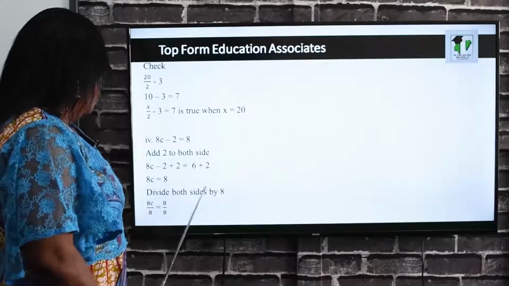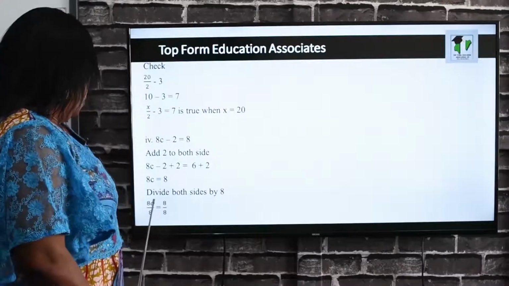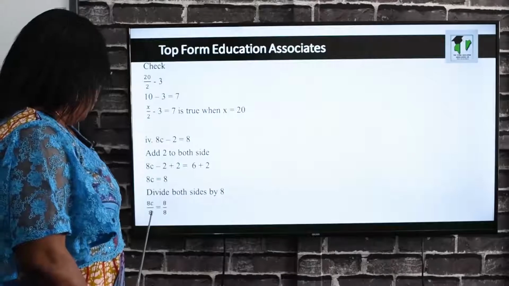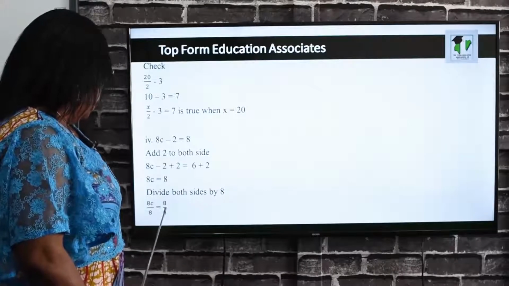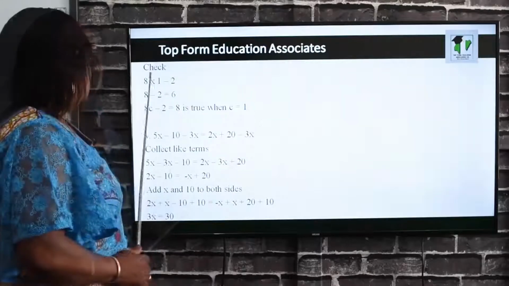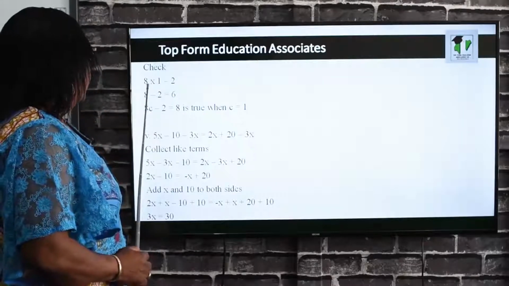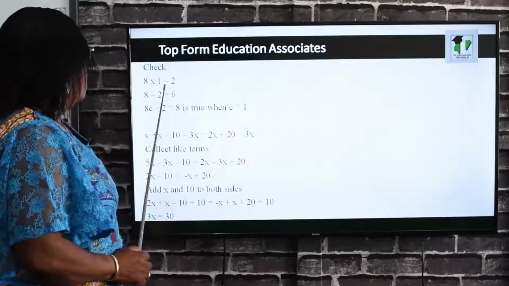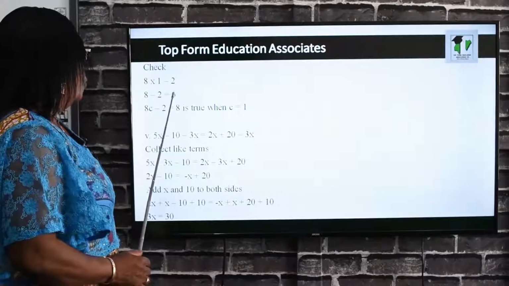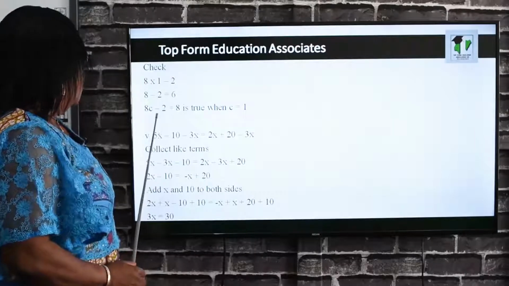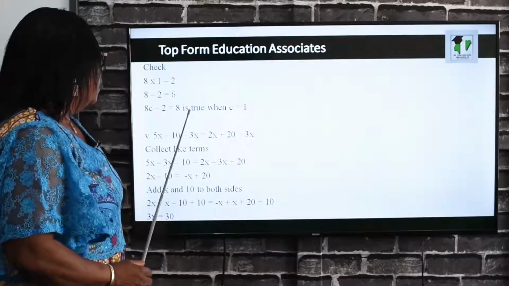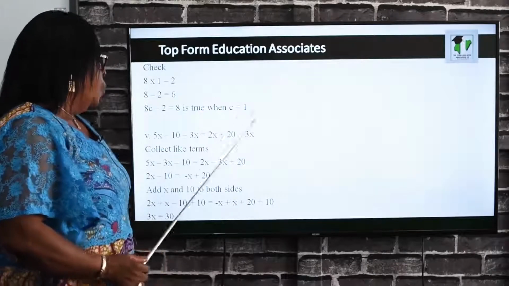We divide both sides by 8, giving us 8c over 8 is equal to 8 over 8. c equals to 1. To check, 8 times 1 minus 2 will give us 8 minus 2 equal to 6. Therefore, 8c minus 2 equal to 8 is true when c equals to 1.